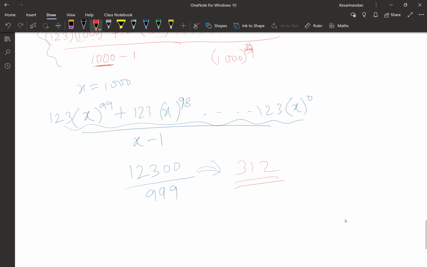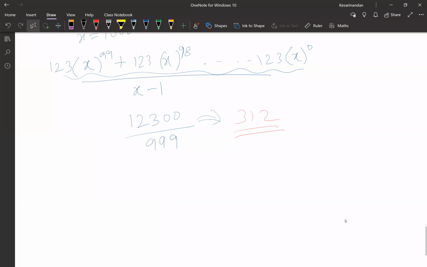I will explain it again. Okay, it seems everybody has understood this part. Great. Now coming to the answer, Ashrit, it is 312. Yes, okay.